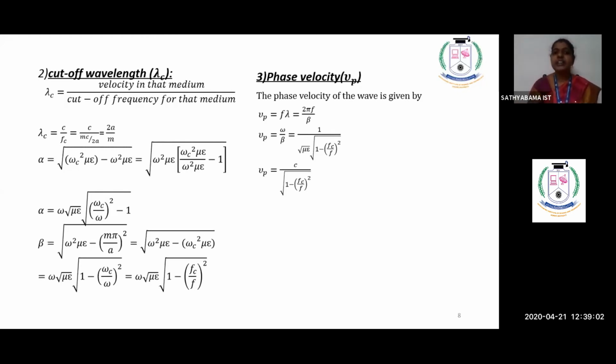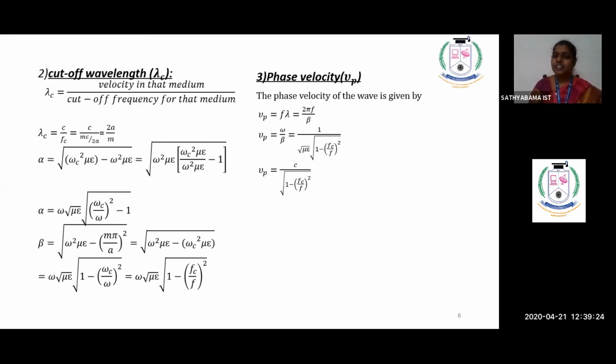So next, the third characteristic is your phase velocity, or velocity of propagation, either way. The velocity with which the wave is propagating inside a parallel plane waveguide or a medium is what we call your phase velocity or velocity of propagation.